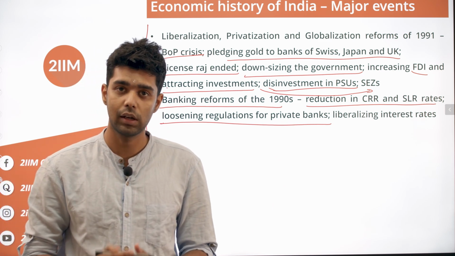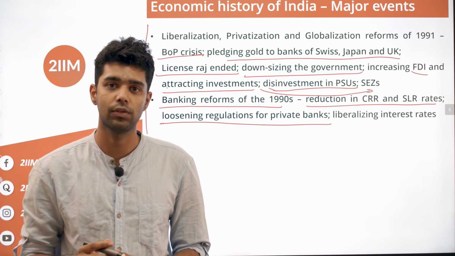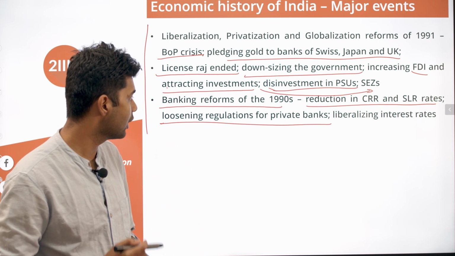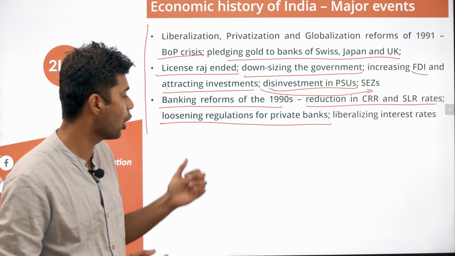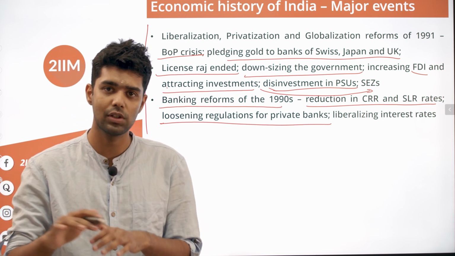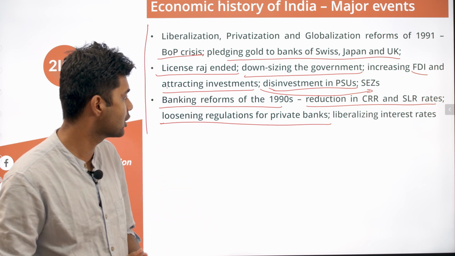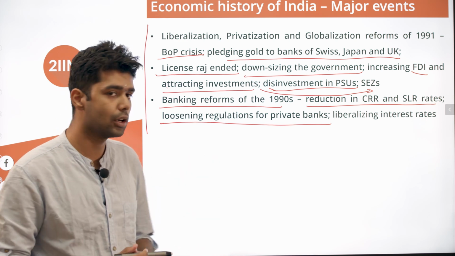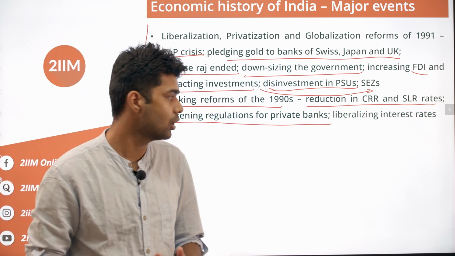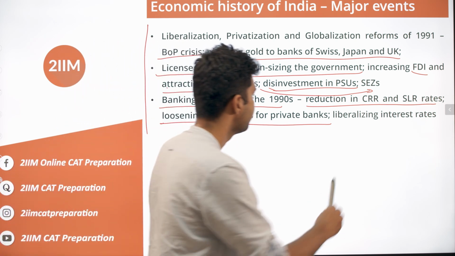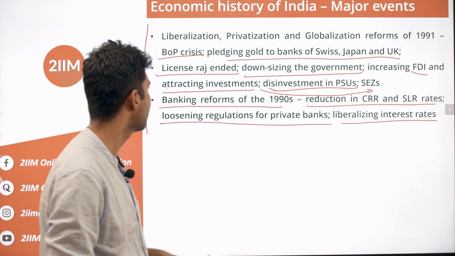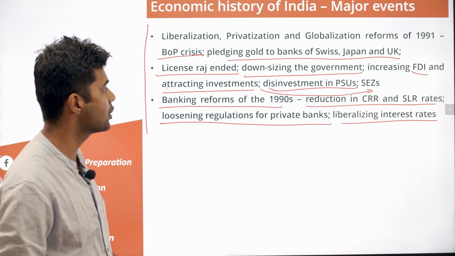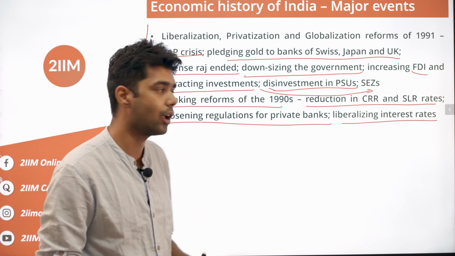Earlier, private banks were dictated in every single way of their operation. They were dictated about who their loans were supposed to go to, about how much they could give as loan. Every single aspect of banking governance had some limit from RBI. So that was relaxed to some extent because that is the way in which a free market will progress. Liberalizing interest rates is also one thing which is heavily related to that. So this is about the LPG reforms of the 1990s and also the banking reforms.